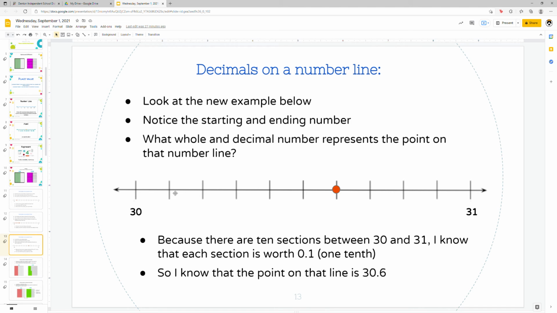If I go to the first dash, that would be 30 and 1/10. Second one, 30 and 2/10, 30 and 3/10, 30 and 4/10, 30 and 5/10, 30 and 6/10. So because there are 10 sections between 30 and 31, I know that each section, again, is worth 1/10. So I know that the point on that line is 30 decimal point 6, or 30 and 6 tenths.